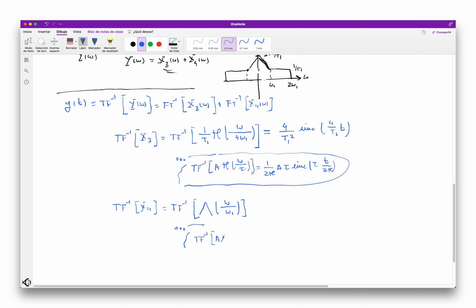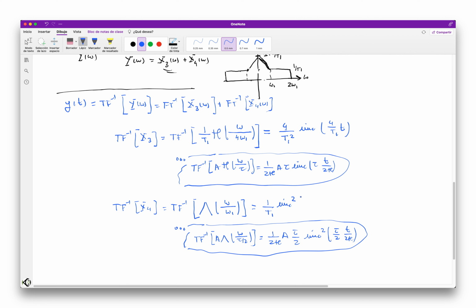Remember, we calculated the inverse Fourier transform of a triangle of half width tau divided by 2 and amplitude 1, which was 1 divided by 2 pi times the amplitude, tau divided by 2, which is half the width, sinc squared of half width times t divided by 2 pi. If we apply this pair of transforms that were calculated in one exercise before, what you get is 1 divided by t1 sinc squared of t divided by t1.